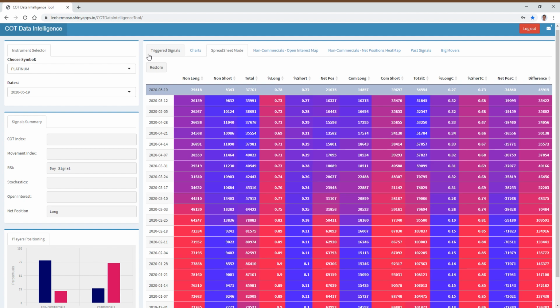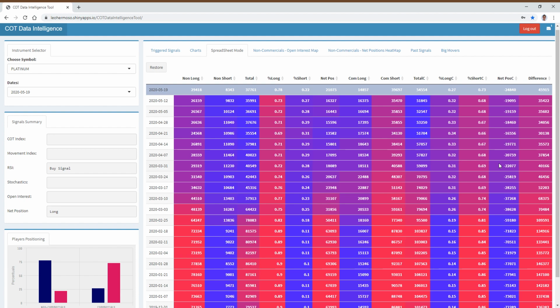Of course, you're going to buy the platinum in the future, because this way you can have less cost producing it, and less cost means more profit. So when you see markets going down, you are going to see that this column here, the net positions for the commercials, they will be increasing their short position. So how do you read this?